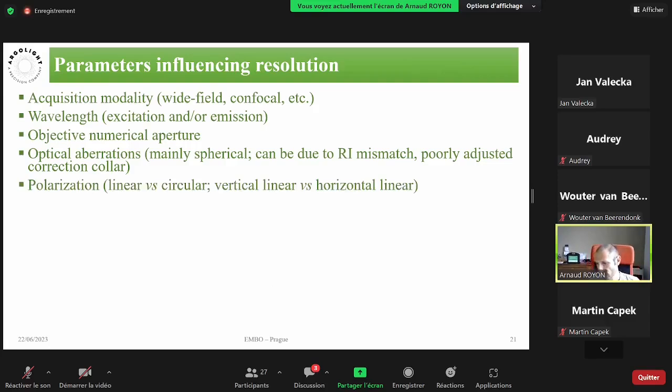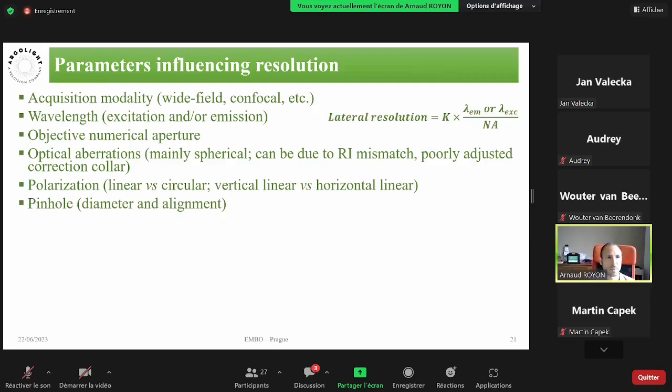Another parameter that is usually forgotten is the polarization. In microscopes equipped with polarized light sources, the resolution varies depending on whether the polarization is linear or circular, or even vertically linearly polarized or horizontally linearly polarized. In confocal microscopes, the pinhole diameter and alignment has an influence.